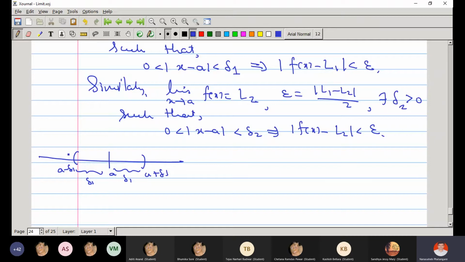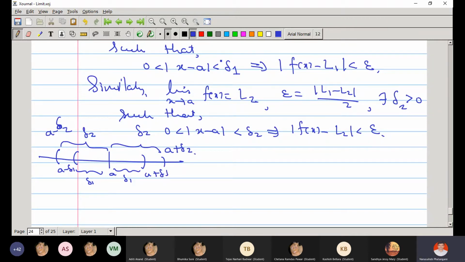It may be less than delta 1, may be greater than or equal to, so not an issue at all. So this distance is delta 2. So what is this point? a minus delta 2, and here this distance is delta 2, this is a plus delta 2.